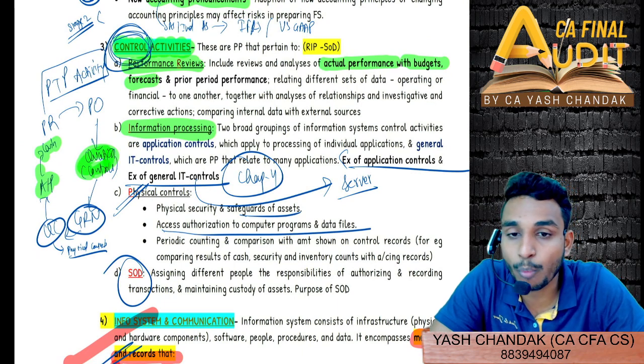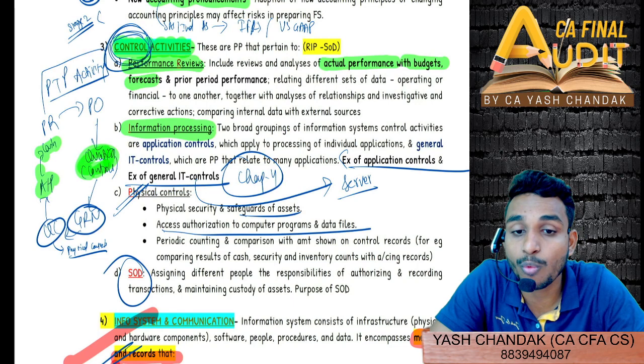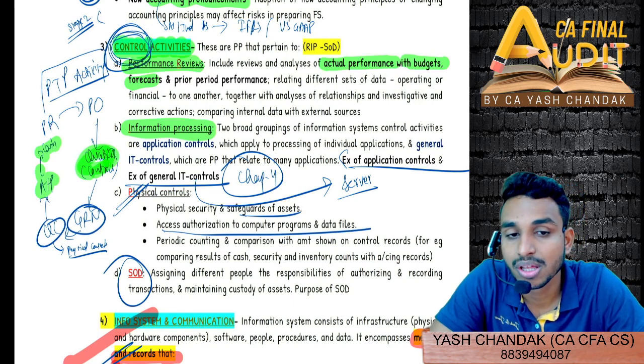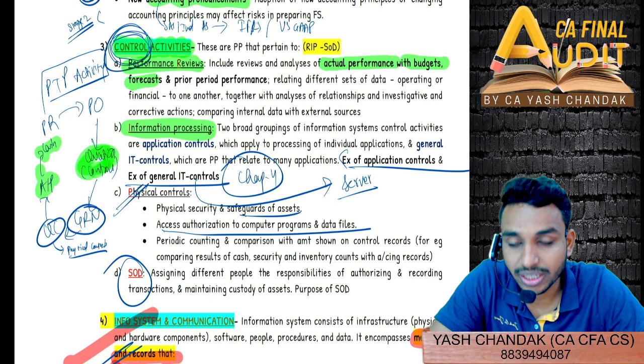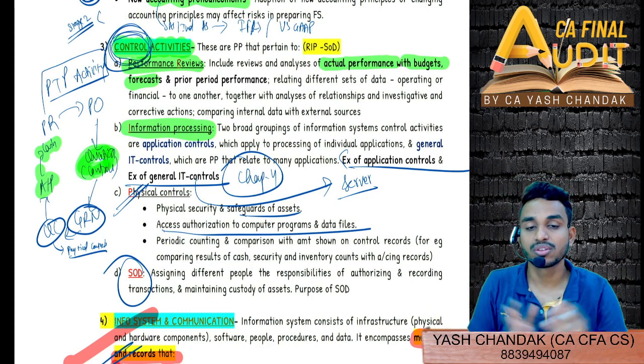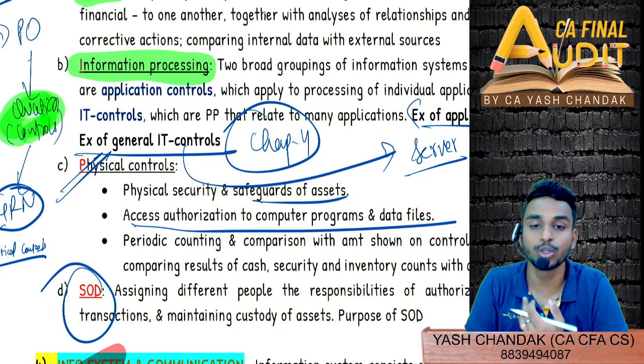Once you understand the point, you read, but the question that should come is why these points are given under here. Then only you will be able to retain properly. So if these are all your control activities, SOD will be there in your entire P2P.